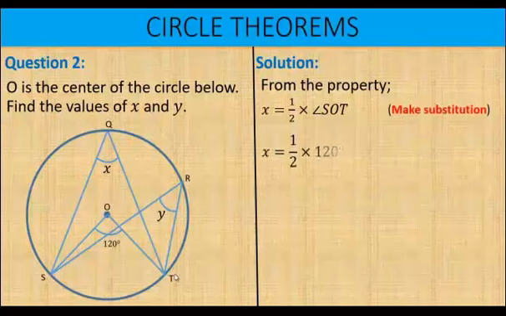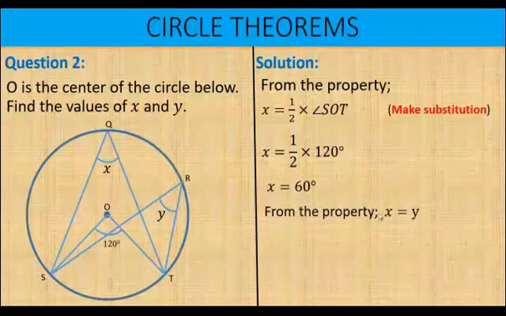By substitution, we can say that x is equal to half times 120 degrees, and therefore x is equal to 60 degrees. But from the property, we know that x is equal to y, and therefore we conclude by saying that y is also equal to 60 degrees.